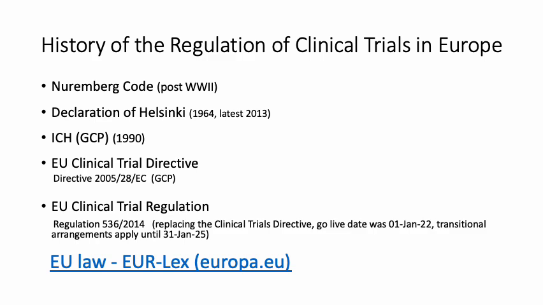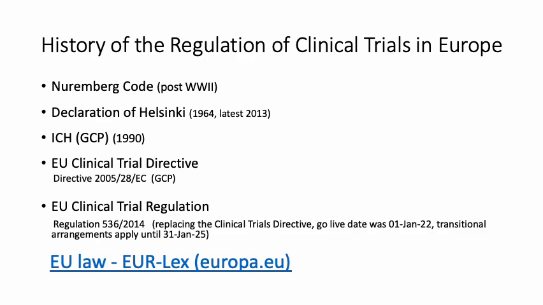So the legislation has evolved over time, starting with the Nuremberg Code, which was published after World War II. The Nuremberg trials in August 1947 heard about war crimes committed during World War II, and it led to the adoption of the Nuremberg Code, which outlined the most important ethical aspects for conducting clinical trials.